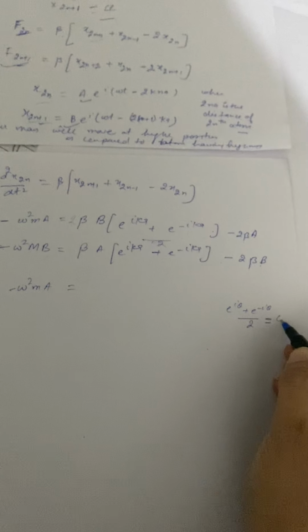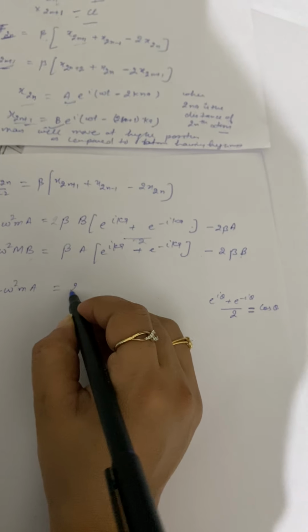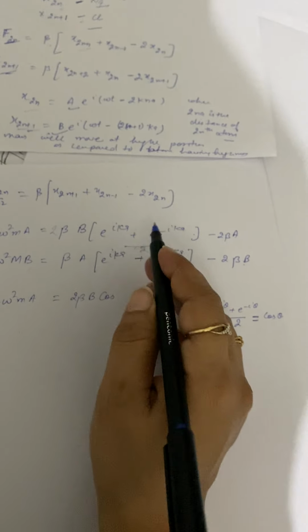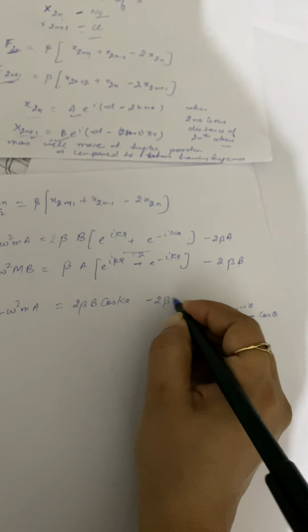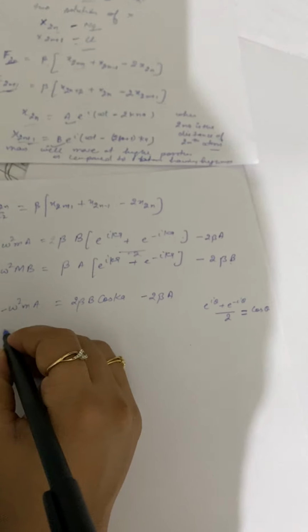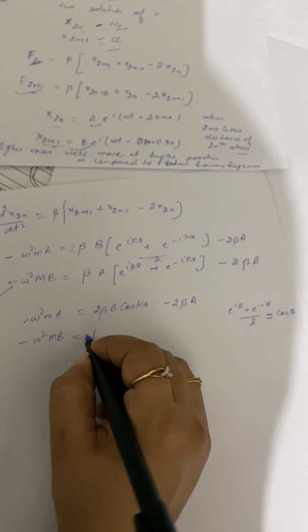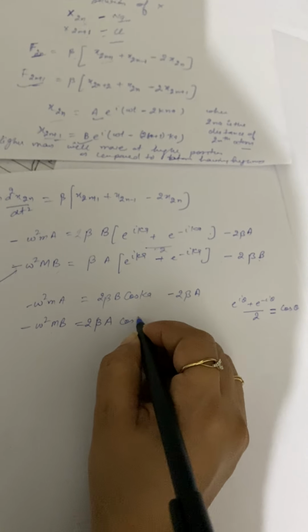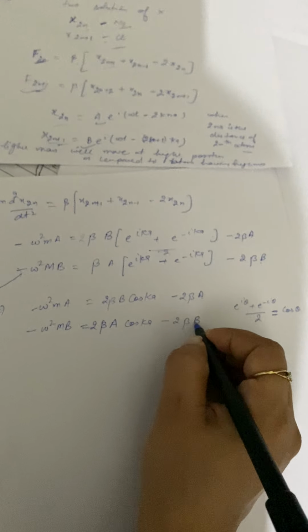It is the identity of cos theta, so it will be equal to 2 beta b cos ka minus 2 beta a. Similarly for this one, omega square M b equals twice beta a cos ka minus twice beta b.